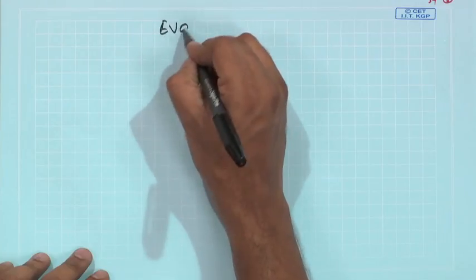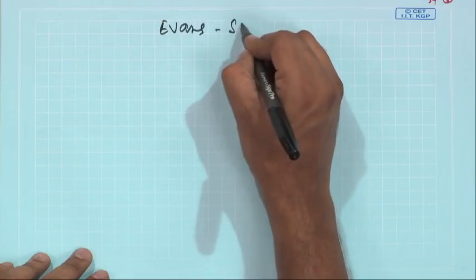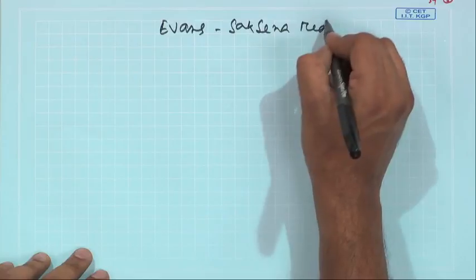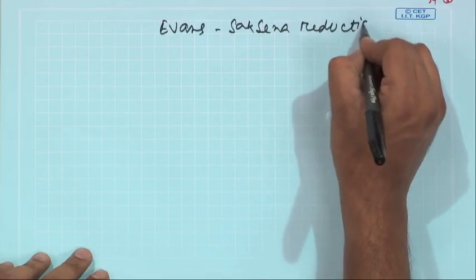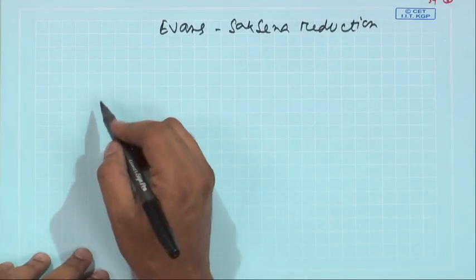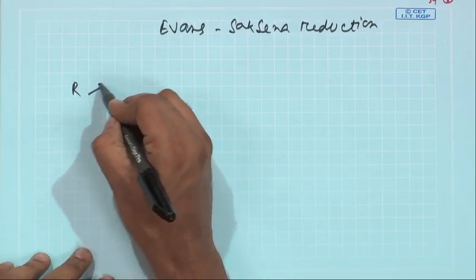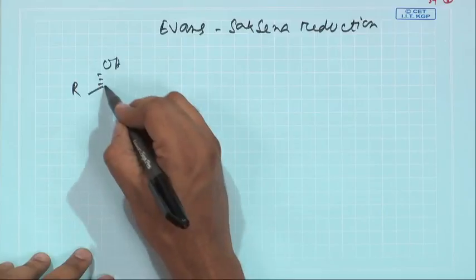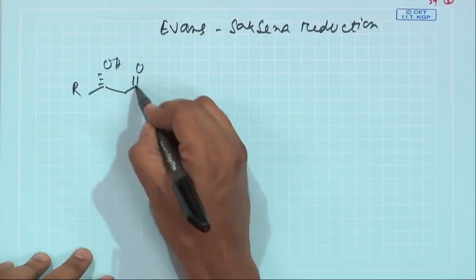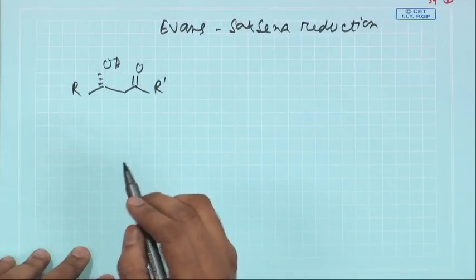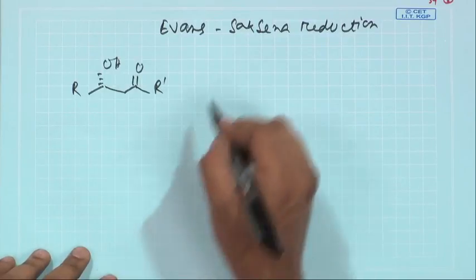And now, the next one, the Evans-Saksena reduction, is a similar thing, the only difference is you have internal hydride delivery. So, the reagent required should be producing a hydride from internal sources.